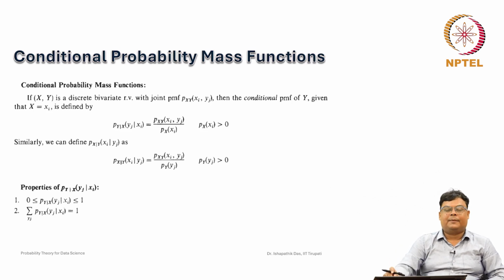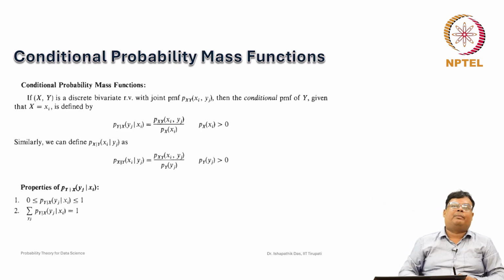Now, we will discuss conditional probability mass functions. We have already discussed the conditional probability of a given event. Here we will discuss the more general case: suppose there are 2 random variables x and y, both discrete, and the observation of one variable is given to us.